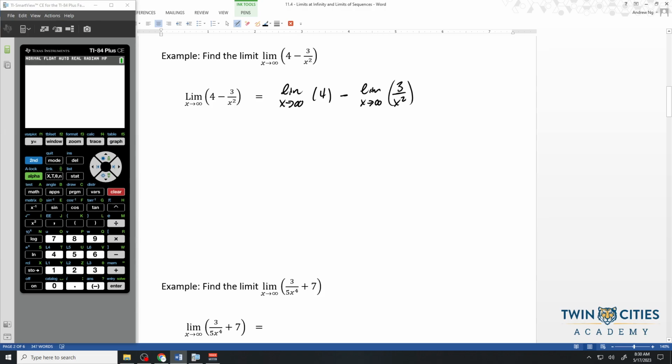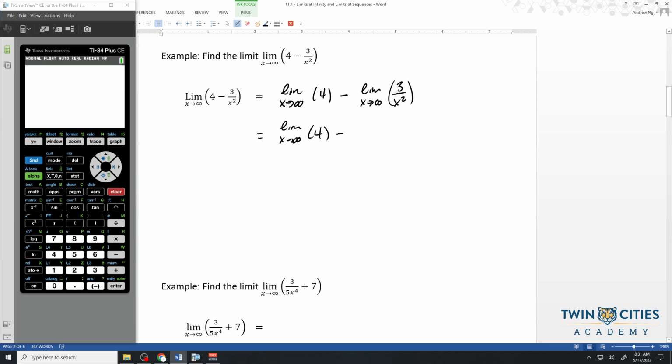Well, I can also think of this as 3 times 1 over x squared.